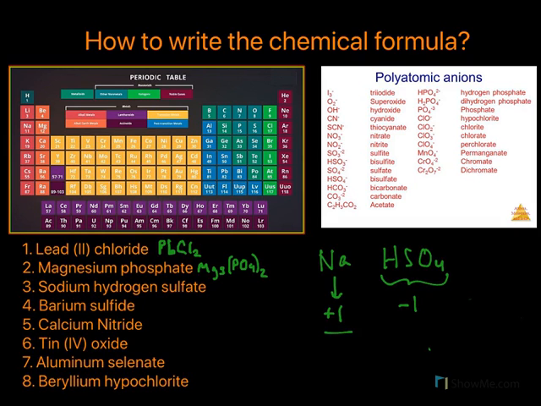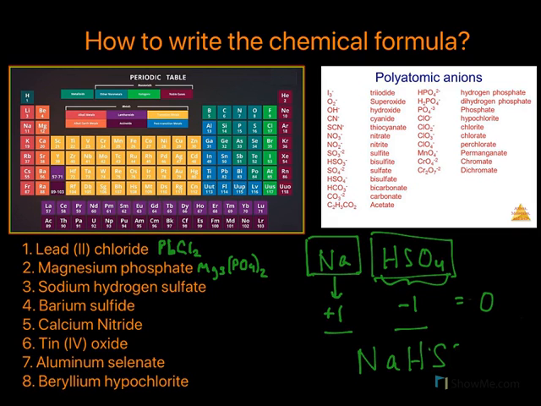Since this is a positive 1 and this is a negative 1, and if you add it together, it becomes 0, that means all we need is what is written. So 1 sodium and 1 hydrogen sulfate. So the correct chemical formula is this for sodium hydrogen sulfate.